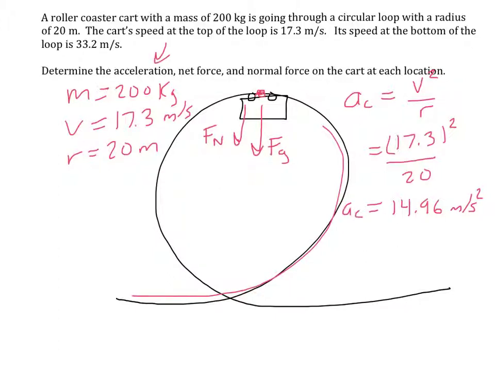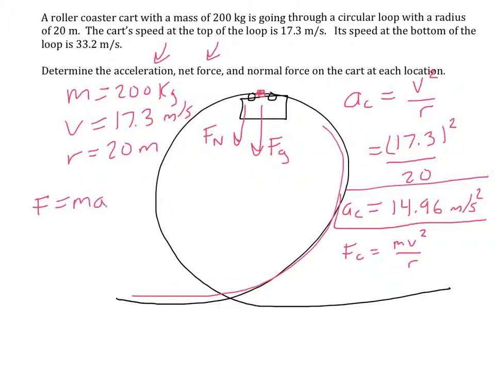The next thing it says, okay, what is the net force on the cart up there? Basically, we can either use the centripetal force equation, mv squared over r, and plug in from scratch, or we can recognize that from Newton's second law, F equals m times a, I can just multiply this acceleration by the mass. It's exactly the same thing.